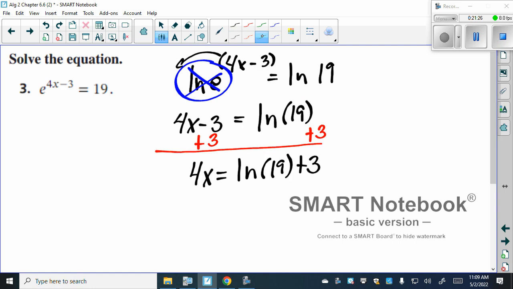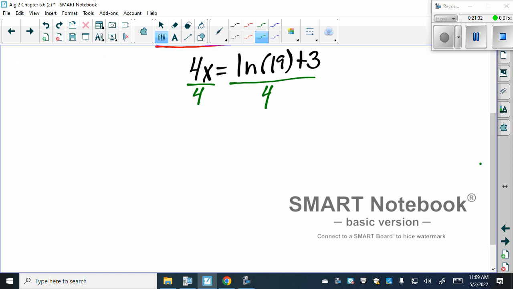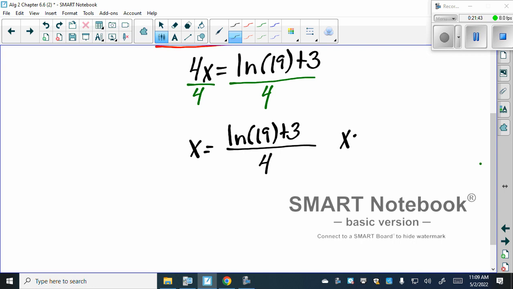Yes, x is still not by itself, so we have to divide both sides by 4. Telling us x is equal to natural log of 19 plus 3 over 4, or 1.486.